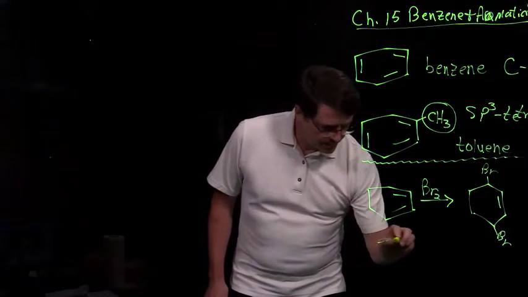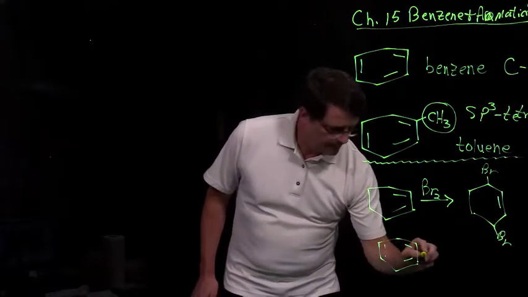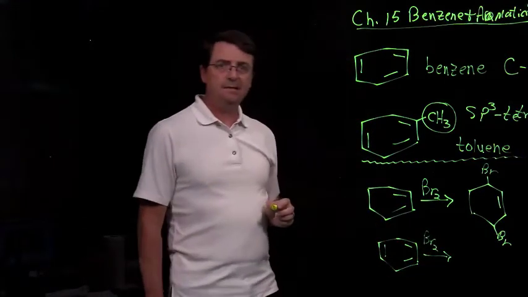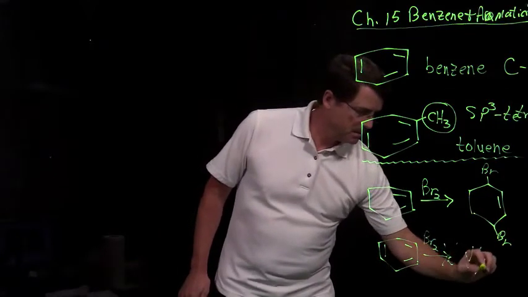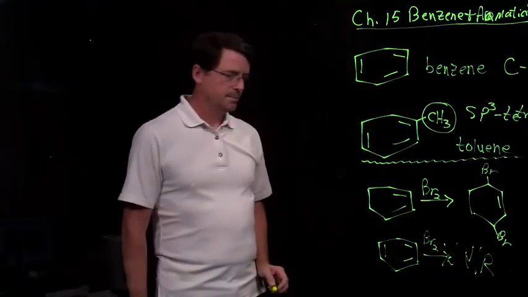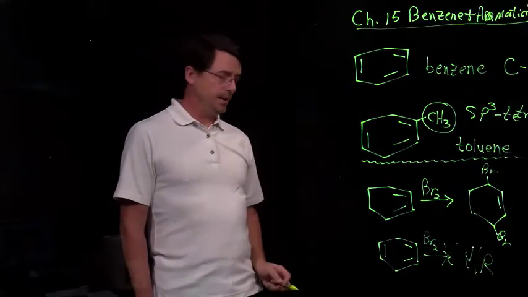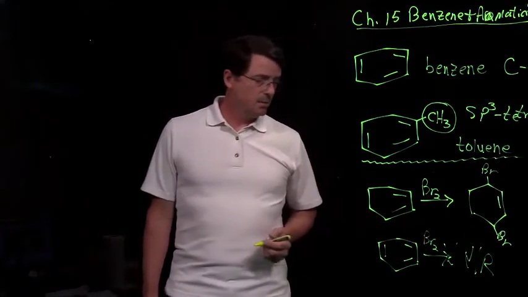But if I do the same thing with benzene, nothing happens. There's no reaction. So this tells us right away there's something different about benzene in its reaction with bromine.